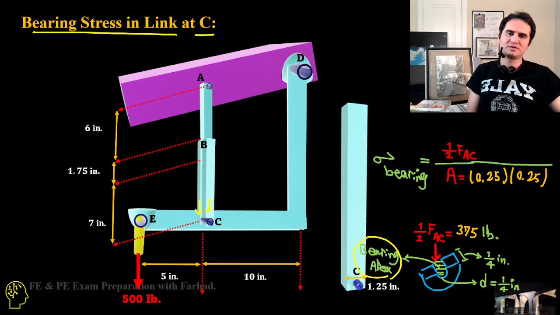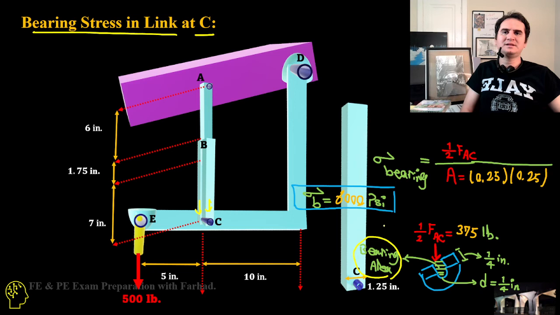That's the greenish area over here, the projection of this area. This gives us a rectangle of 0.25 times 0.25 square inches. If you apply that, it gives us a stress of 6,000 psi.